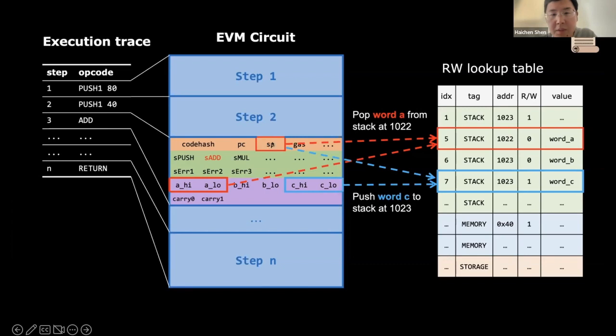So assuming the SP is initially equal to 1022, you can see I do a lookup with the word C at the stack pointer address SP plus 1, and it's a write operation here. So basically, I did a write into the stack, and that's also going to match a record inside your RW lookup table.